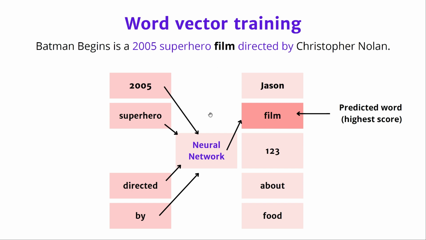So maybe there are 768 outputs at the very end that connect to film, and after the whole training is done, for film we collect the 768-length vector, and that's the word vector. Similarly for food, there's a 768 weight vector that we collect, that's the word vector for it. And for the whole corpus, maybe 50,000 or 100,000 words, for each word we have a vector representation of length, let's say, 768.